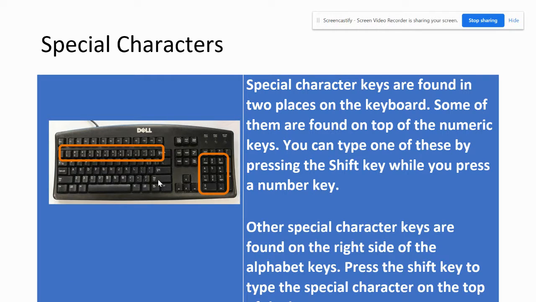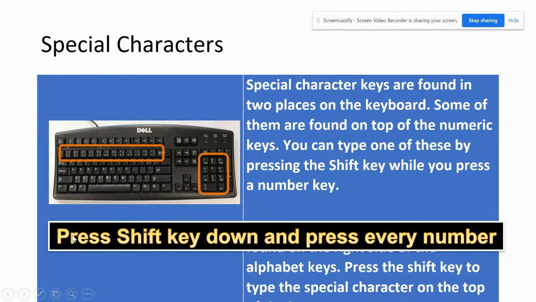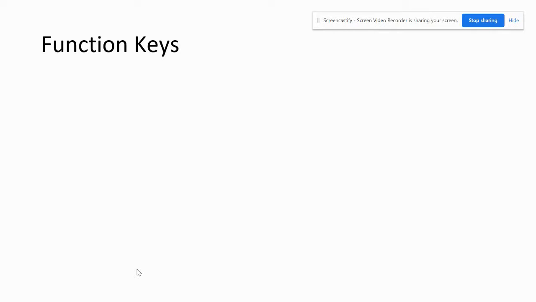So you hold the Shift key down and then press the 4. When you do that, you will get a dollar sign. If you would do the Shift key and the number 1, you would have an exclamation point. So please practice using the Shift key and pressing down a number.